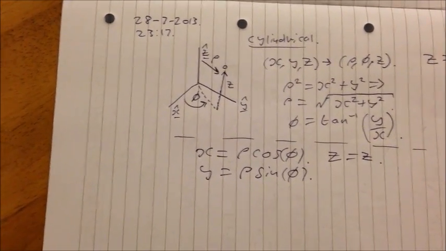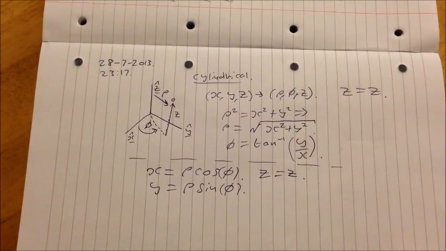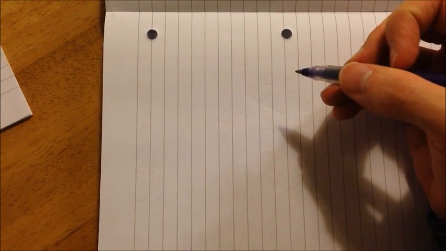Now let's get the unit vectors. Let's draw the ijk plane with the cylindrical rho phi z unit vectors in it. So this is the ijk plane.